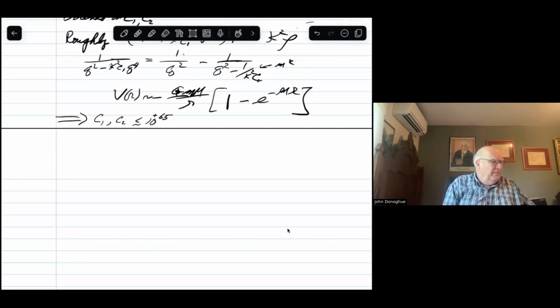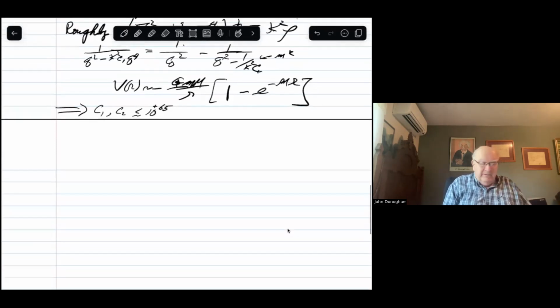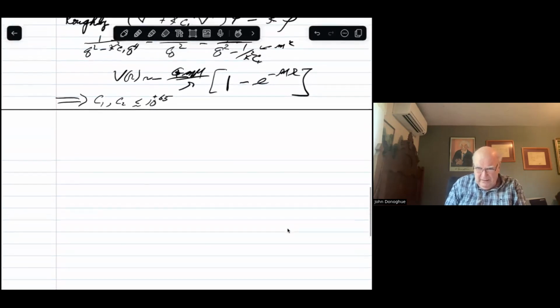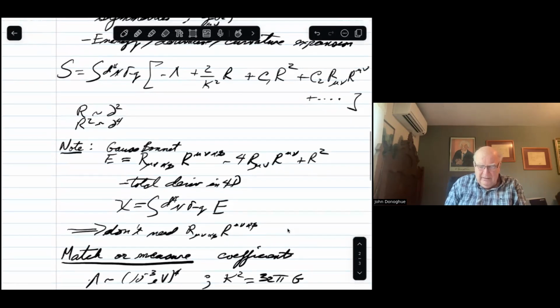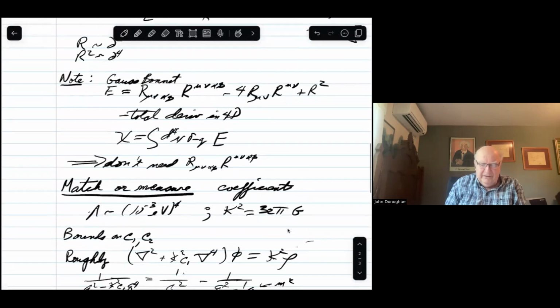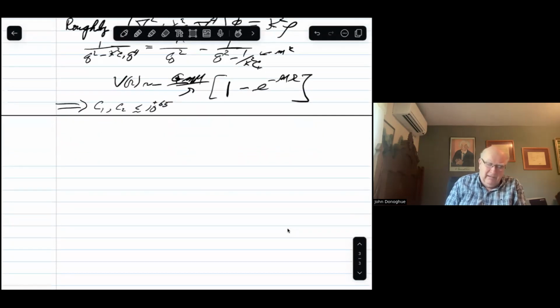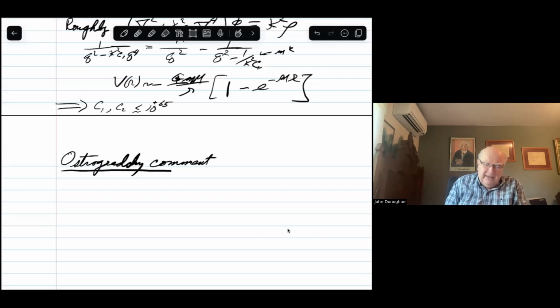Okay, one of the objections that one often hears to what I've just told you is we normally don't like higher derivatives in a theory. So let me just say that and explain why it's not important here.